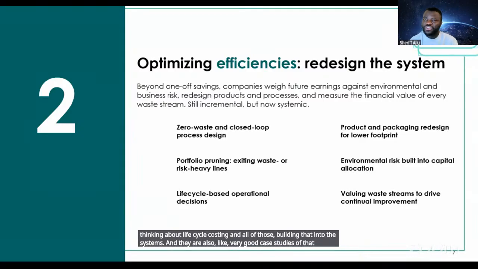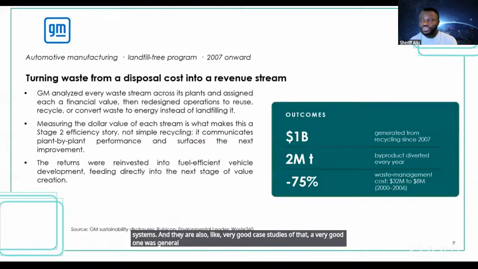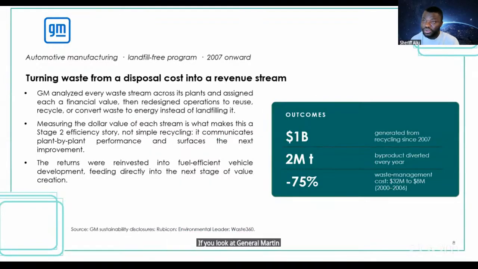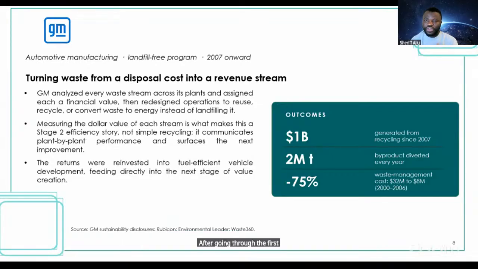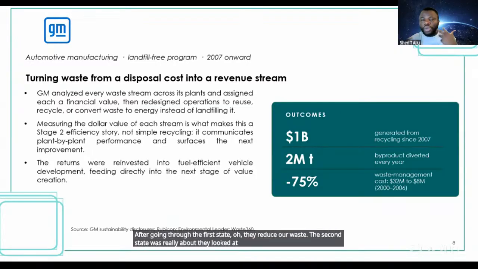A very good one was General Motors. If you look at General Motors, waste was a very good example. What General Motors did was, after going through the first stage where they reduced their waste, the second stage was really about looking at all of the waste that they have. You want to optimize for efficiency, right? They looked at every waste stream across the plant and asked, what's the value of this waste?